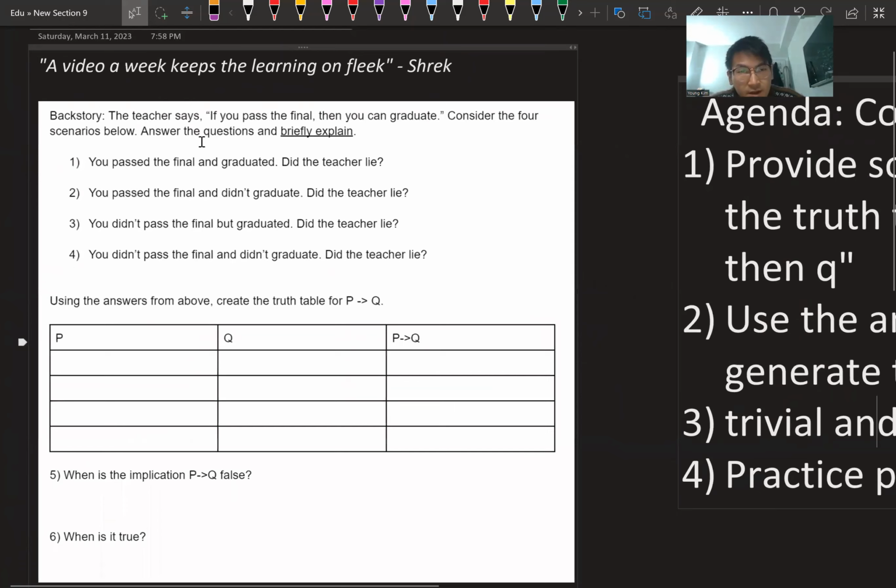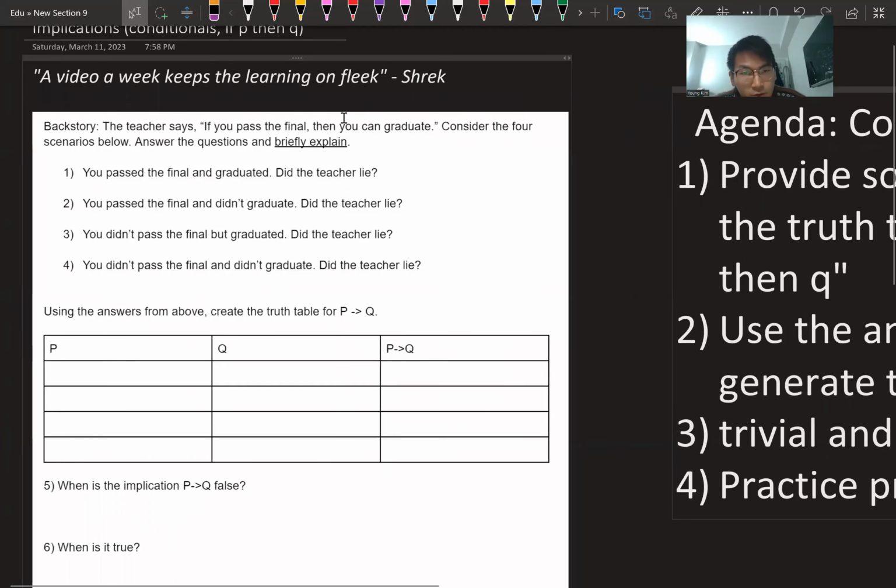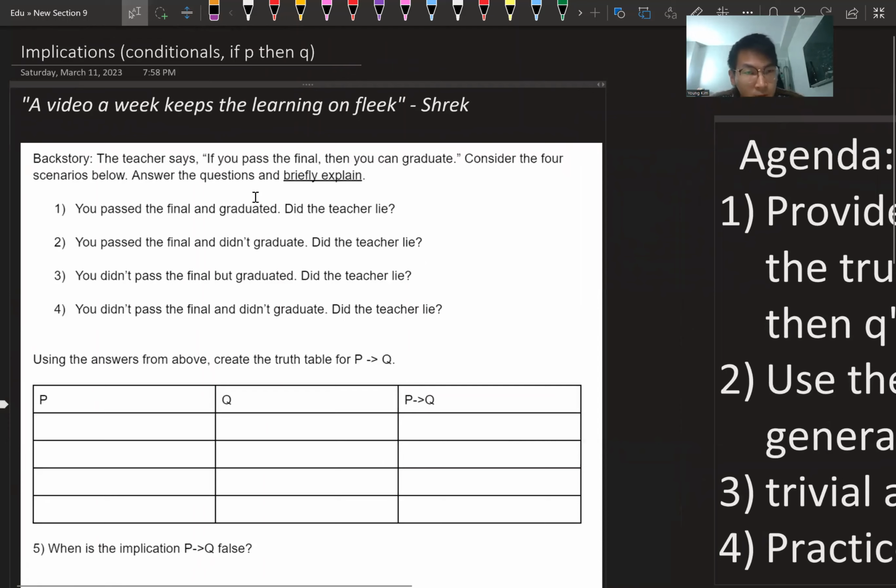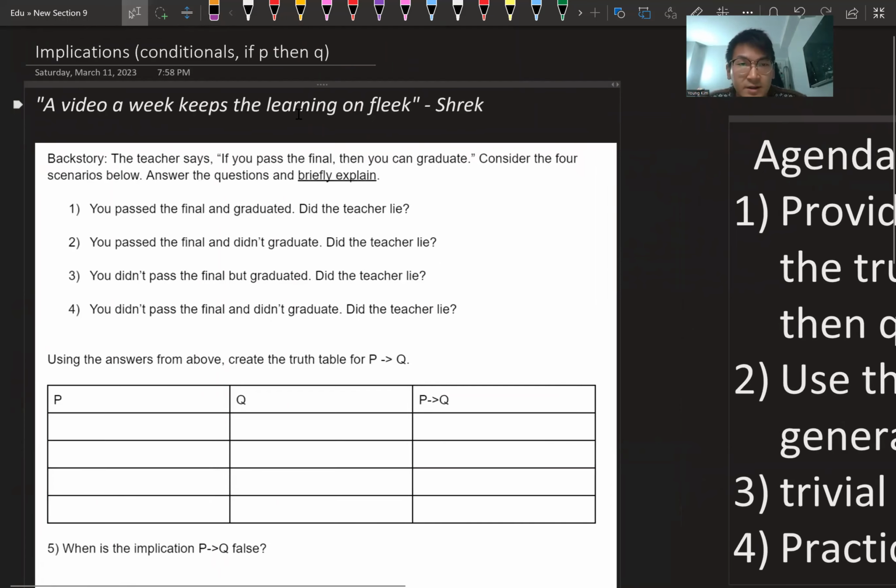Okay, so here's the backstory. Suppose that a teacher says that if you pass the final, then you can graduate. Consider the four scenarios below, then answer the questions and briefly explain. Number one, you passed the final and graduated. Did the teacher lie? You passing the final is like saying you met this condition, this hypothesis.